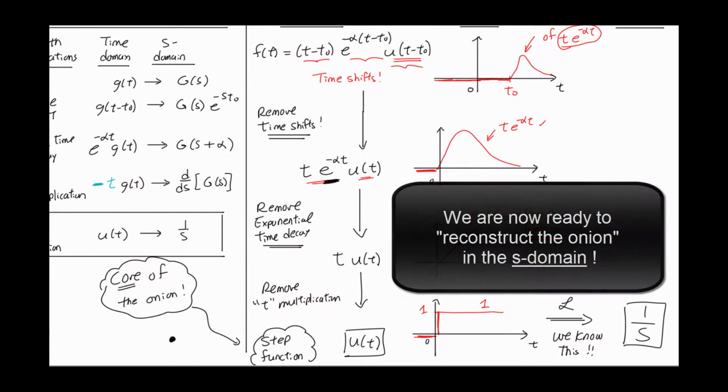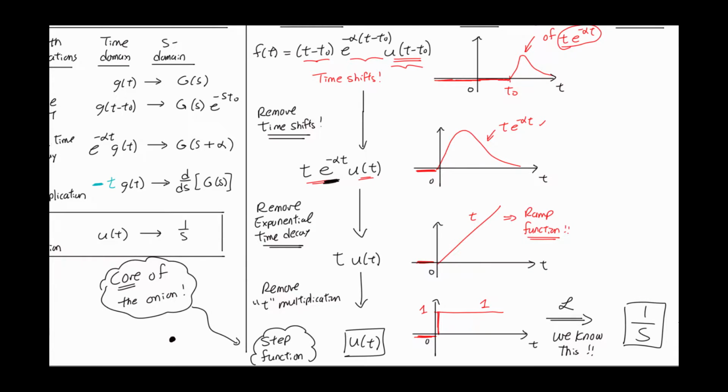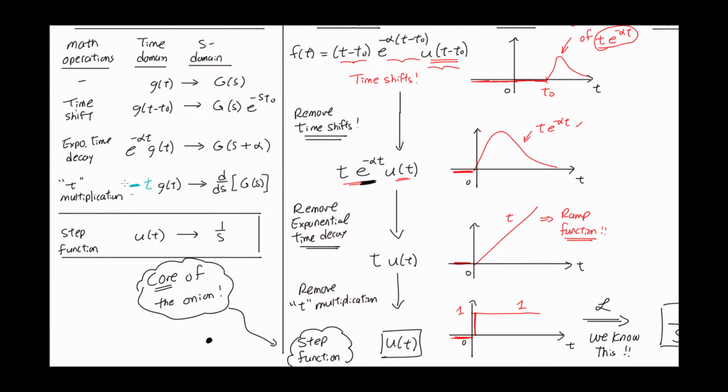So now we're ready to reconstruct the onion in the s domain. We removed a t multiplication, so we're going to add that back in the s domain. Let's take a look at our table. A negative t multiplication corresponds to a differentiation in the s domain.